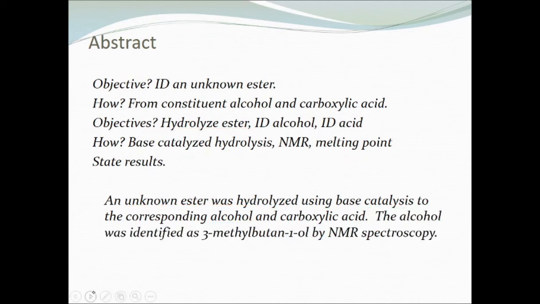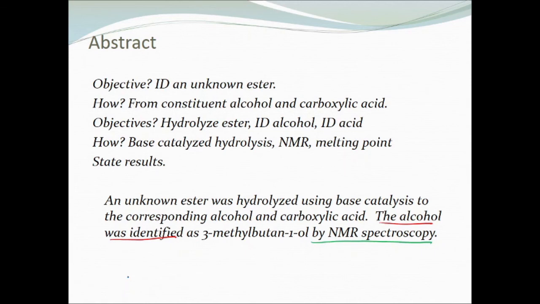The alcohol was identified as 3-methylbutan-1-ol by NMR spectroscopy. Again, we are stating our objective by making a statement of what we did. The alcohol was identified. We state how we did it, by nuclear magnetic resonance spectroscopy.